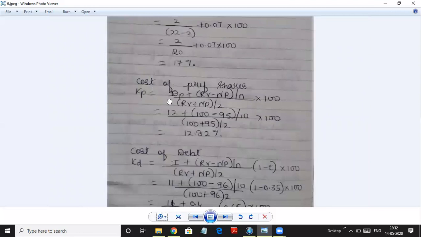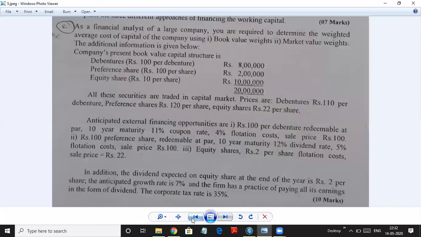For cost of preference shares, we use the redeemable formula because they've given the redeemable values. First is to find the dividend. In the second paragraph, rupees 100 preference shares, so face value is 100, redeemable at par. Whatever is the face value, the same will be the redeemable value, that is 100.